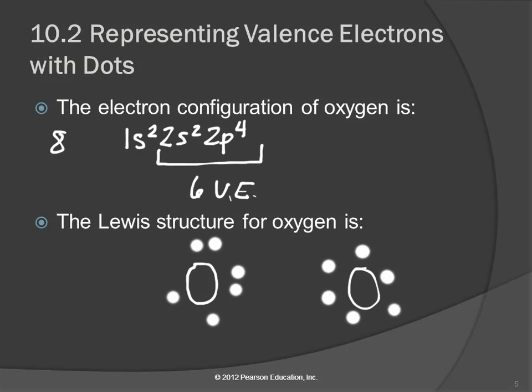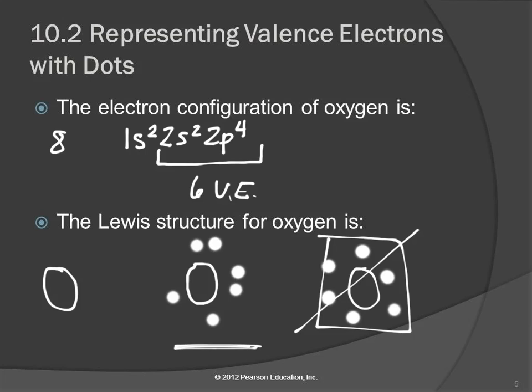And so it is significant that they have pairs. So, you know, on a lab where you're drawing stuff like this, I wouldn't necessarily count this as wrong, but it's not the best. This one over here is better. Now, is there any significance to being the pair on the top and the pair on the right? No. I could do it like this and have the pair over here and the pair here. That's kind of what I meant. Yeah.